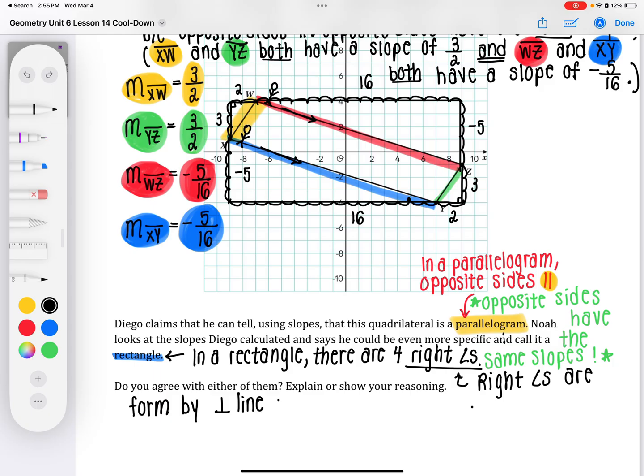And specifically, we have line segments here, and they have opposite reciprocal slopes. So what we're going to do right now is see if adjacent sides have opposite reciprocal slopes. And adjacent means right next to each other.